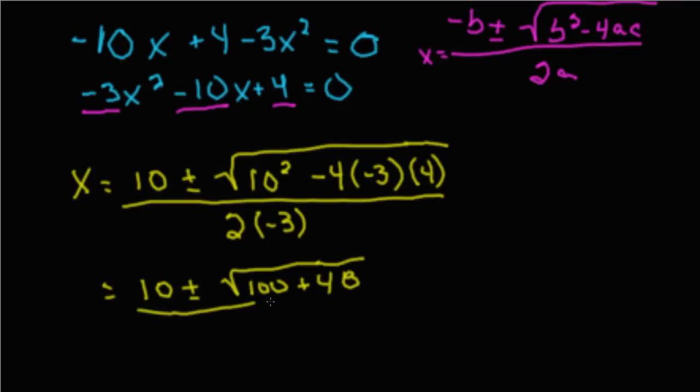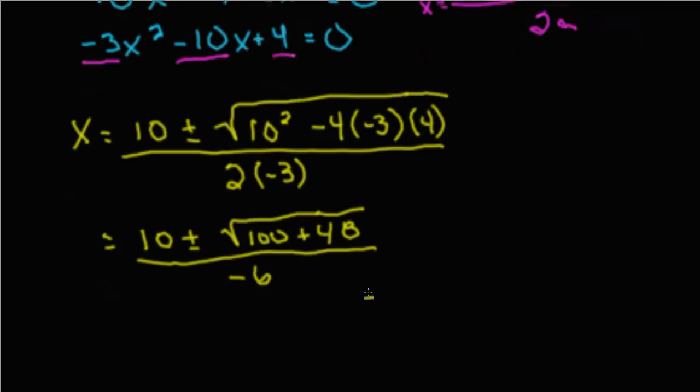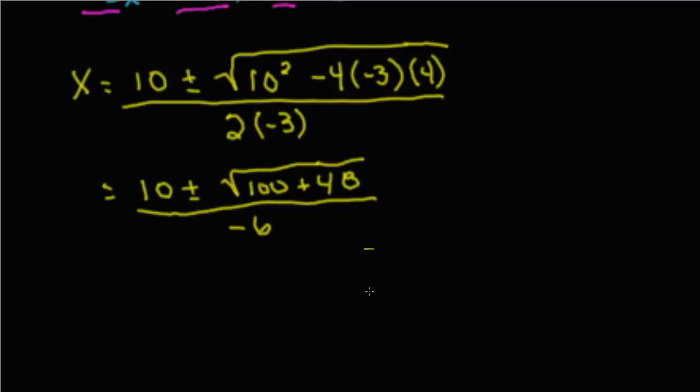And then 2 times a negative 3 will give us a negative 6. So x equals 10 plus or minus the square root of 148 divided by a negative 6.